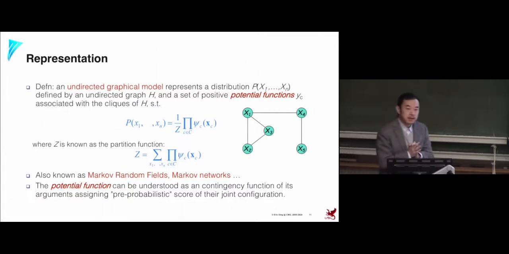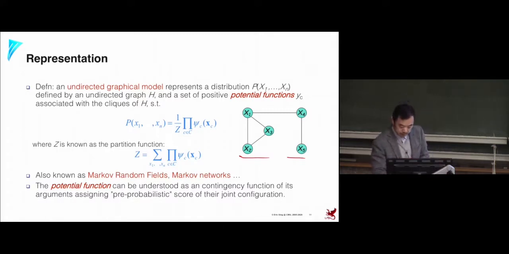Okay, now I think we saw a few models. Let's get down to a formal representation of the model. So we define an undirected graphical model to be the following. Okay, given a graph, you first can identify all the cliques on the graph. So here are a few cliques.